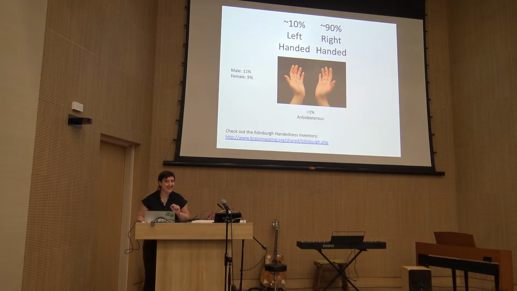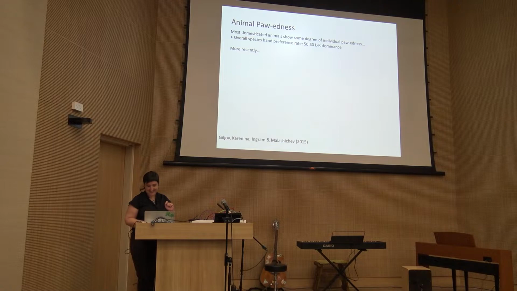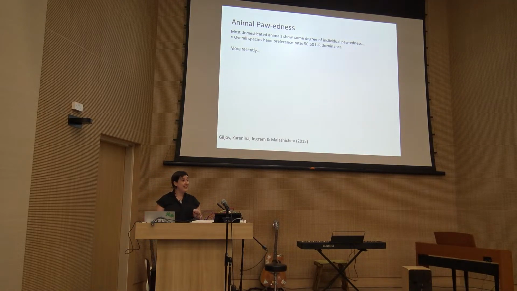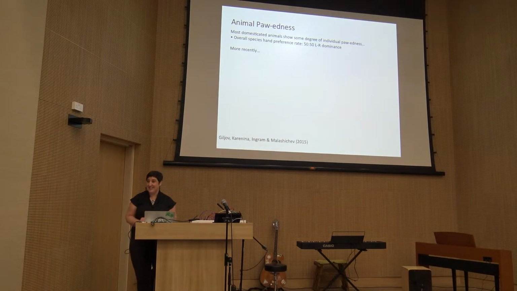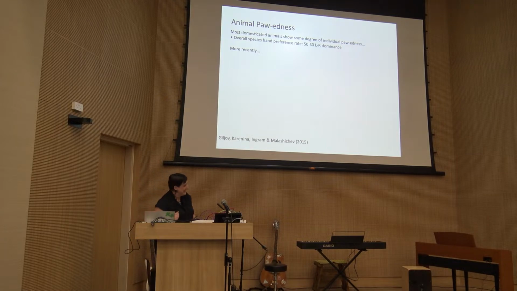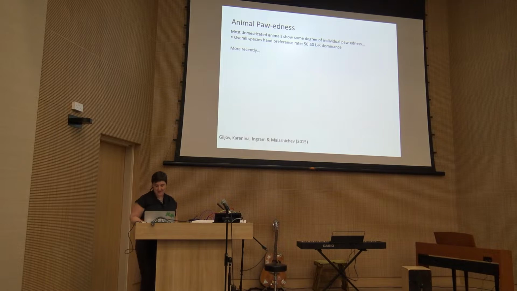Humans are not unique in this. So when we look for animals and whether they have a dominant paw, if you've ever considered this with your own domestic pets, the jury is still out for most animals.